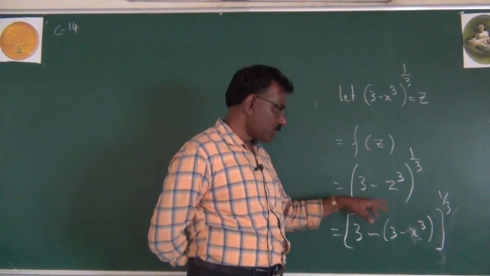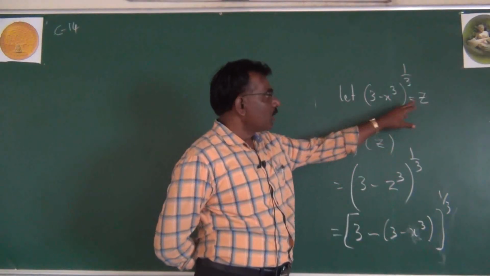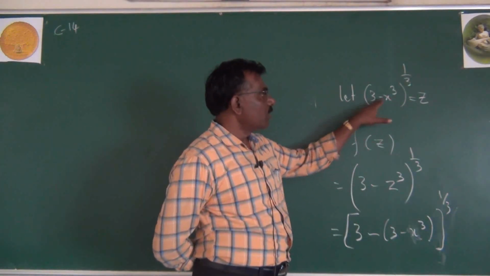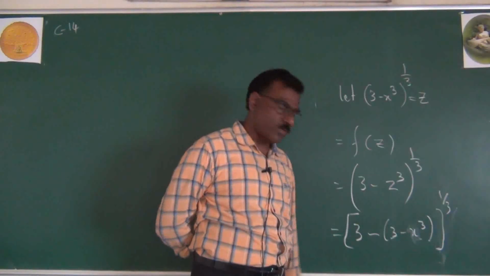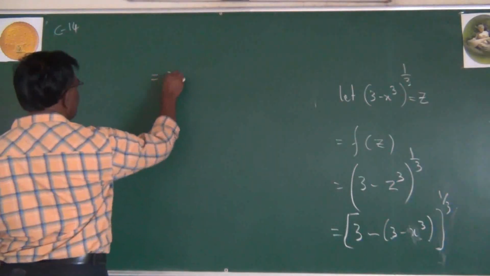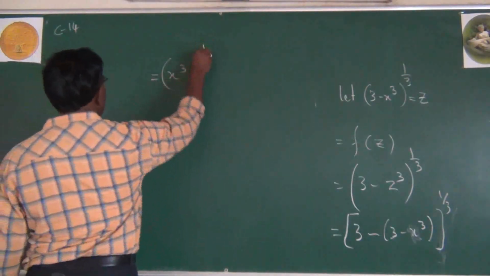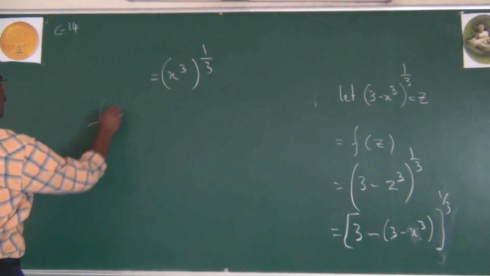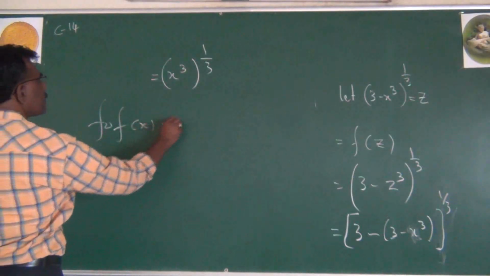This step I am taking directly: z cube will be 3 minus x cube only. So the 3 cancels, plus x cube, plus x cube, all raised to 1 by 3. So f composition f of x is equal to x.